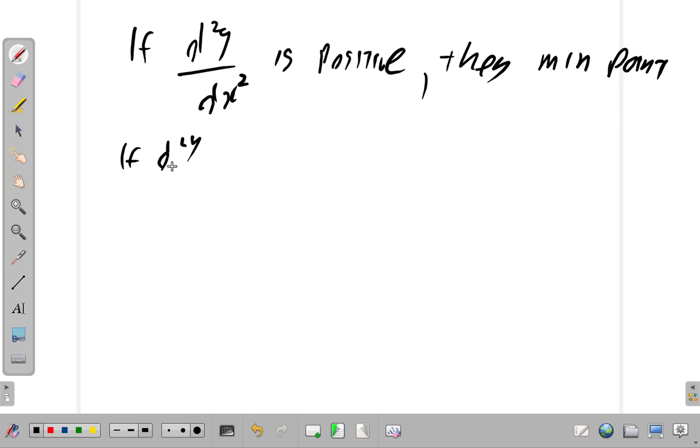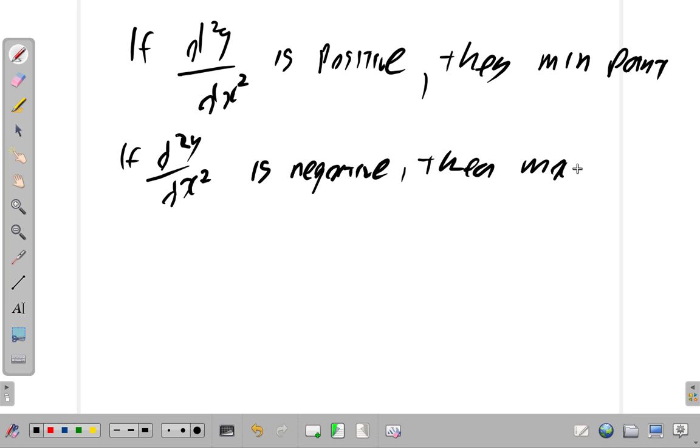If it is negative, then you have a maximum point.